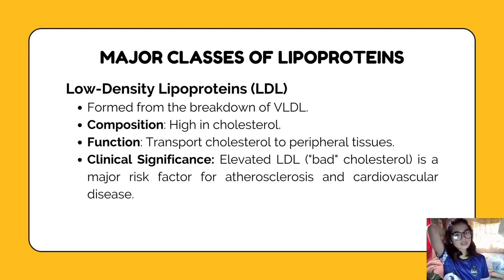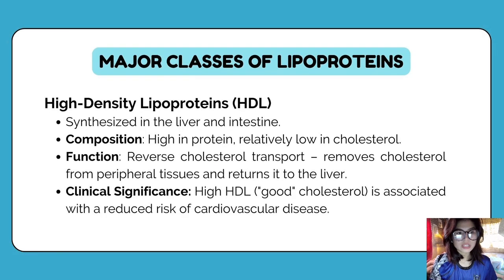Finally, let's discuss HDL. Where does HDL come from, and what does it do? HDL, or high density lipoprotein, is synthesized in both the liver and the intestine. Its function is quite different from LDL because HDL is involved in reverse cholesterol transport.